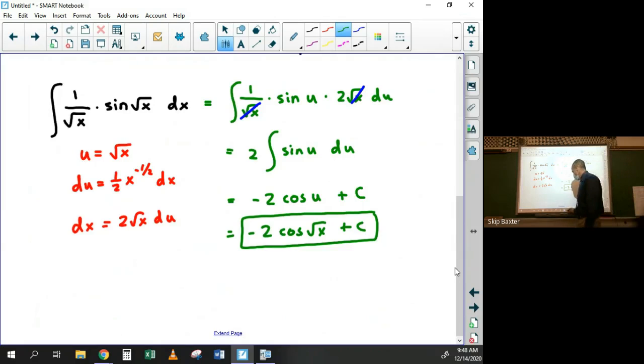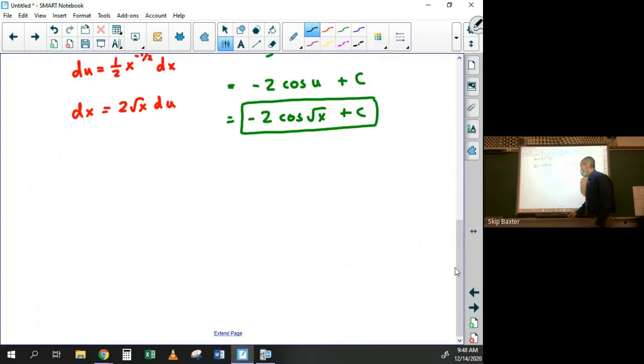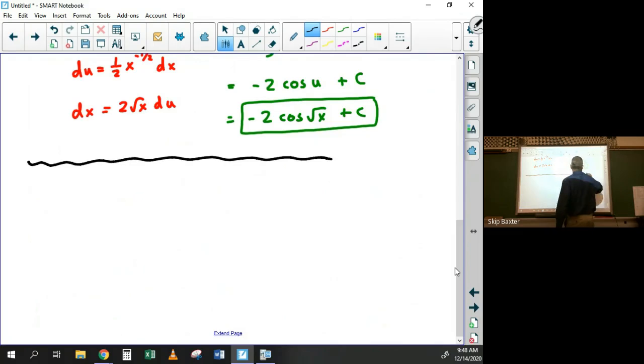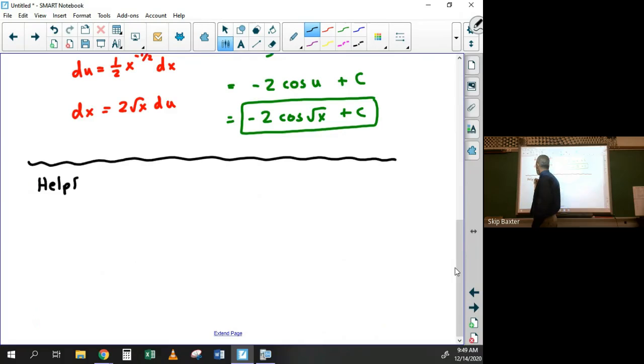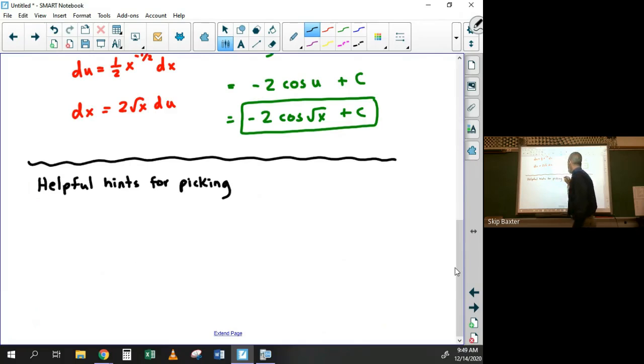All right, so let's talk about how to decide what u is. These are helpful hints for picking u. There are 2 basic rules that are usually followed. Not always, but usually.